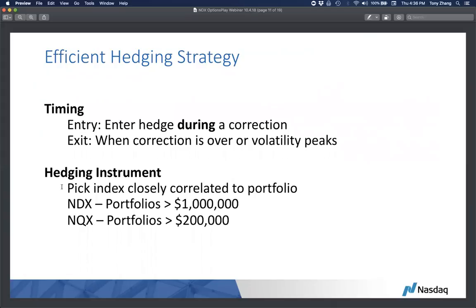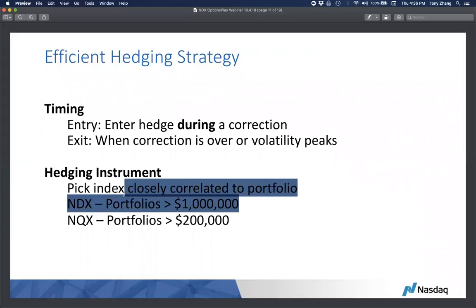Now, when it comes to portfolio sizing, which I will get a little bit more in depth on the next slide, that really depends on the size of your portfolio to help you decide which of the index options are suitable for you. We talked about the NDX being a $7,500 index, which means that the notional value of each contract is $750,000. So it's really suitable for portfolios that are greater than $1 million.